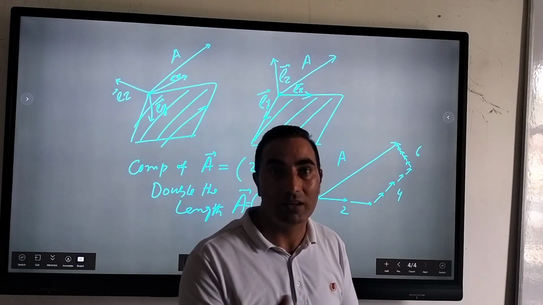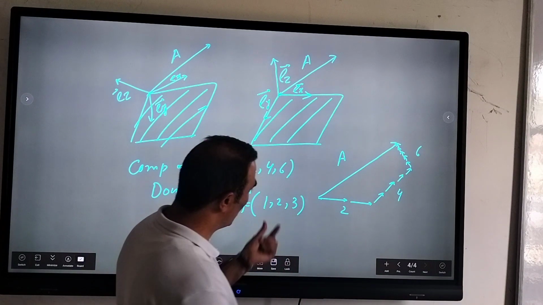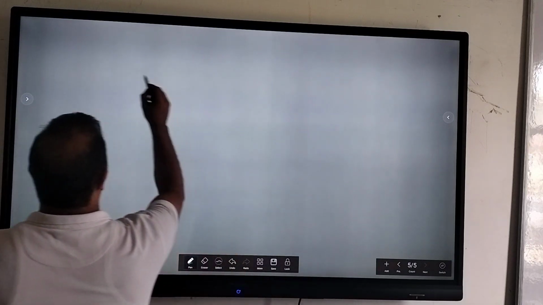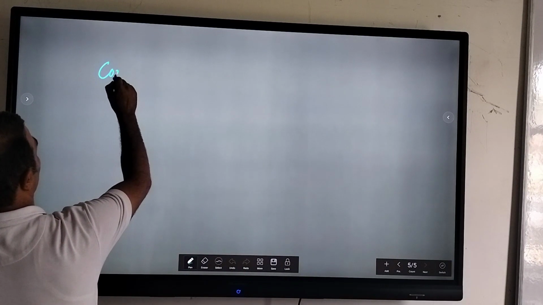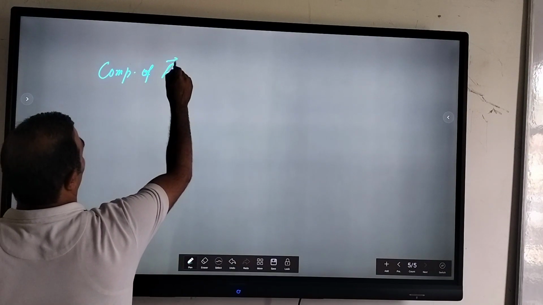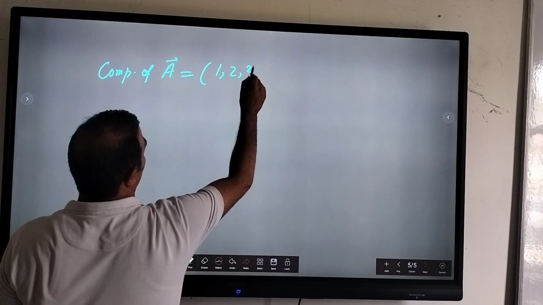Now I'm doubling the length. Doubling the length means the components of A are now 1, 2 and 3.